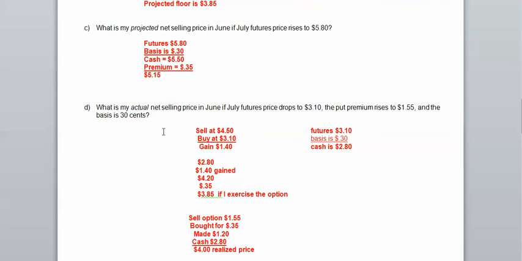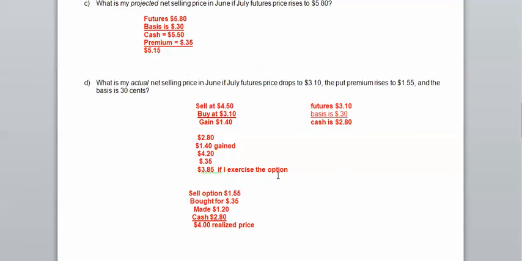Okay, question D. What's my actual net selling price if July futures price drops to 310? The put option premium rises to $1.55 and the basis is 30 cents. Again, we're not going to exercise the option here. We're going to sell it because we can capture some extra extrinsic value. We're $1.40 in the money is what this math shows us. If I exercise the option, I have a realized price of $3.85.